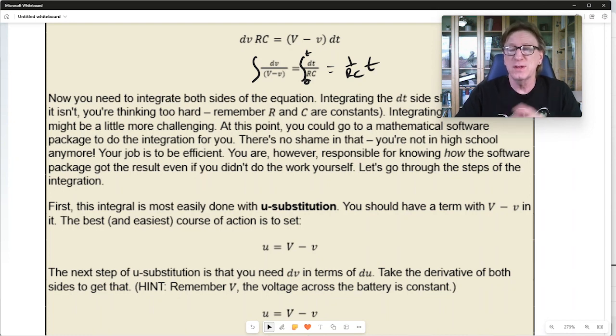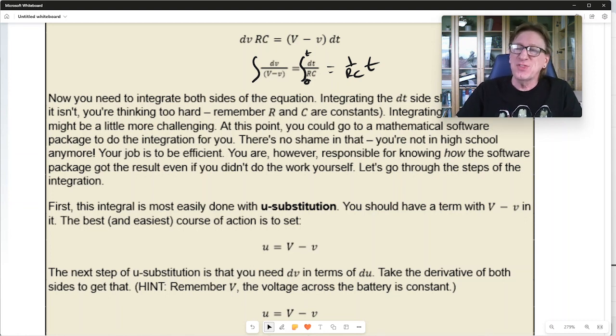It's highly worth it. You could type in integrate dv over capital V minus v. It will say, I'm going to assume that capital V is a constant, and it'll work out the answer, and you're done. It will take seconds. Your boss does not want you spending time manually doing an integration just to prove that you can. And while that might be blasphemy in a lot of physics classes, it's still true.